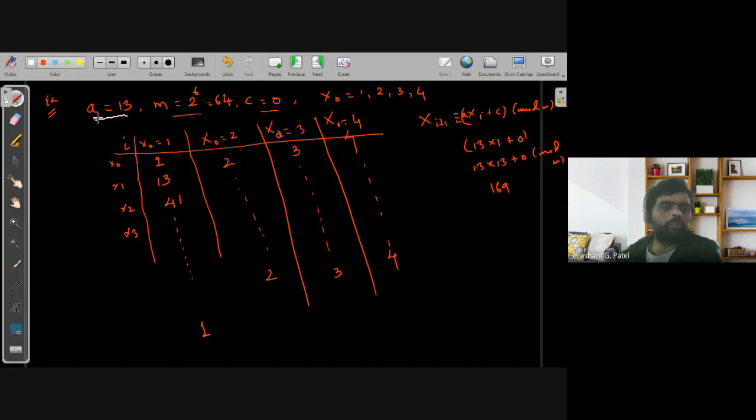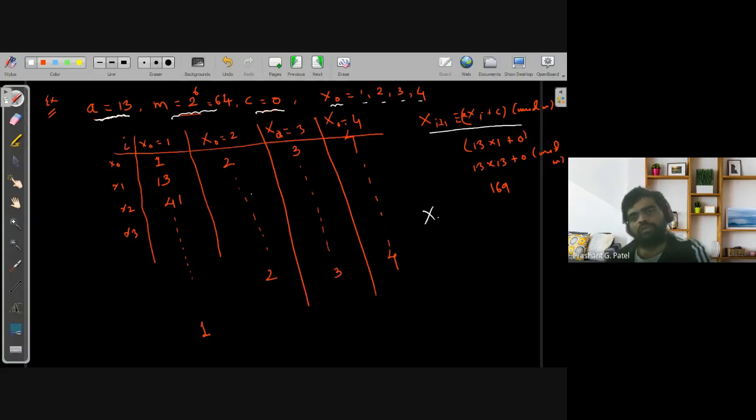I gave you this problem in the previous lecture: you have a multiplier A equal to 13, the modulus m equal to 64, C is 0 increment, and the seed values you will take are 1, 2, 3, and 4 in this linear congruential generator. The recurrence relation is X(i+1) congruent to (A Xi + C) mod m.